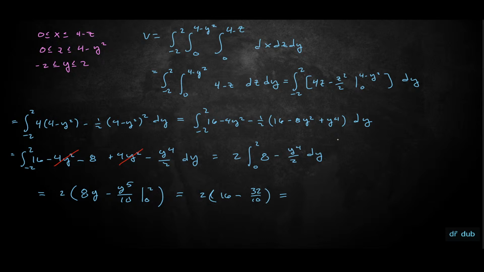So that's going to be, let's see, what can we factor? I can factor out a 16 from that, so it'd be 32 times 1 minus 1/5. So 32 times 4/5, so 128 over 5. So 128 over 5 units cubed, because it's volume.